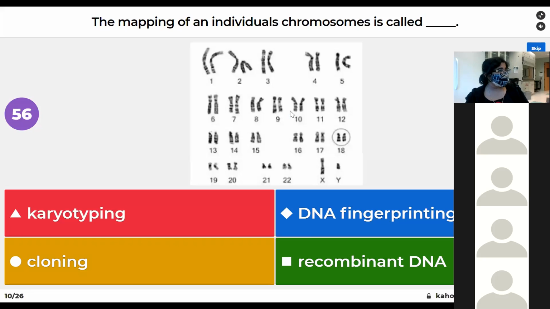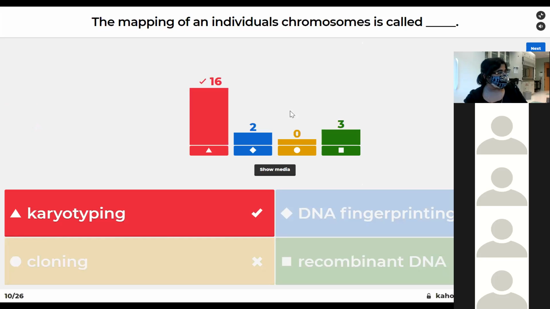The mapping of an individual is called what? Good.